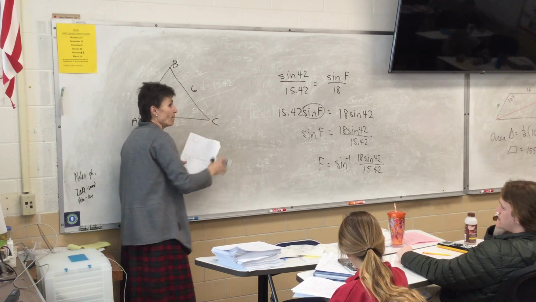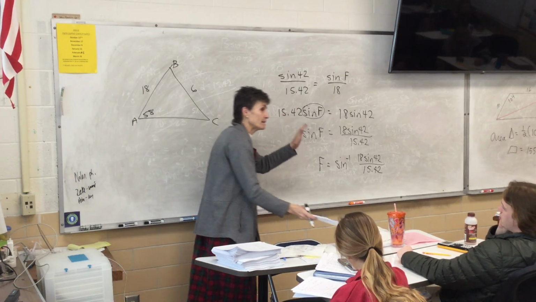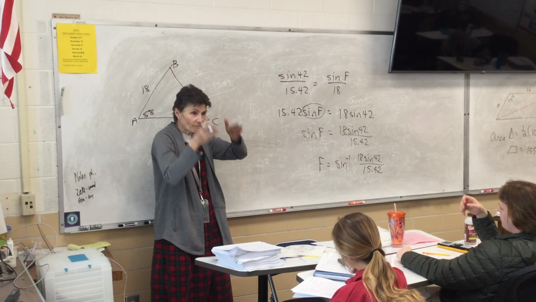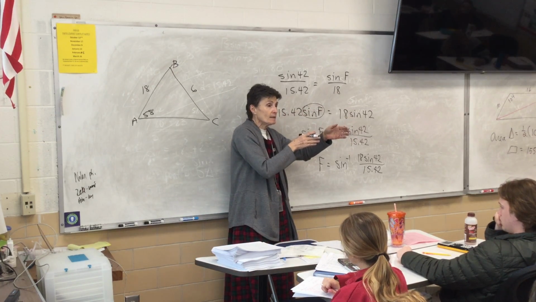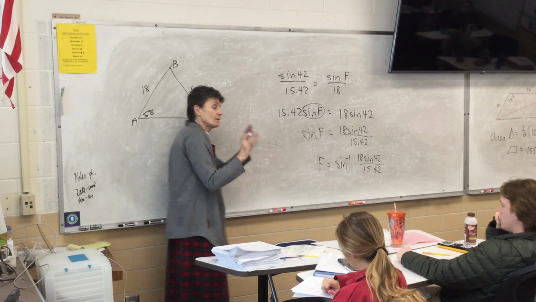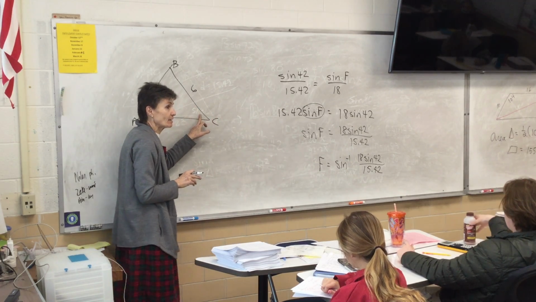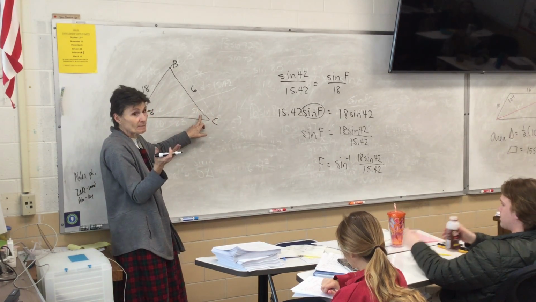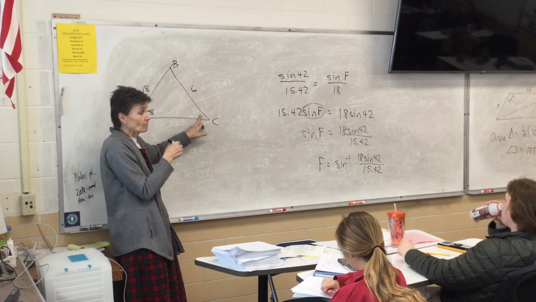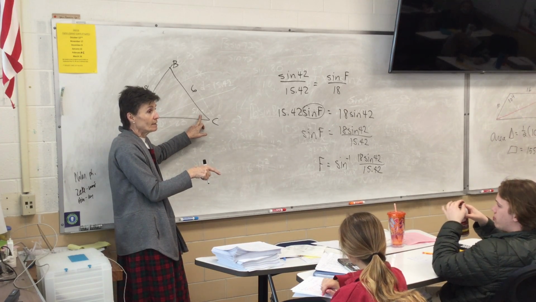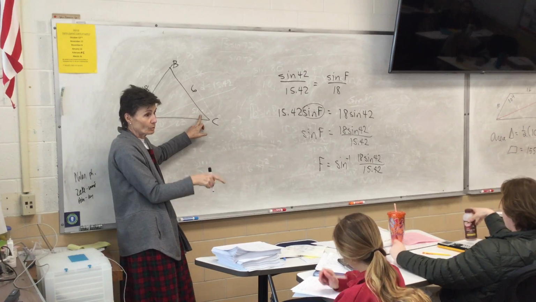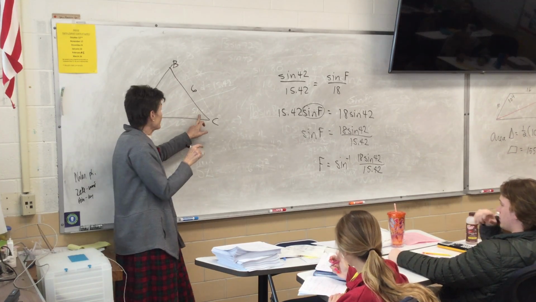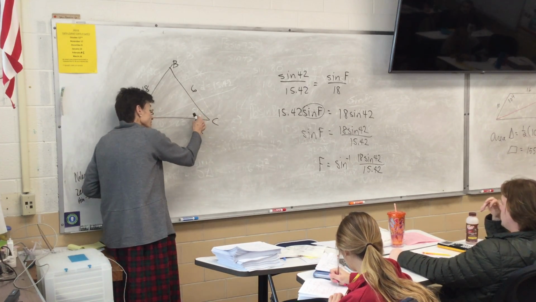So the last problem we did was kind of big and complicated because we had to find all the pieces. This time we don't. This time we're going to find this angle, if we even can. Remember, sometimes we can't. The answer to this question is going to be 0, 1, or 2. So the focus is right here on this angle.